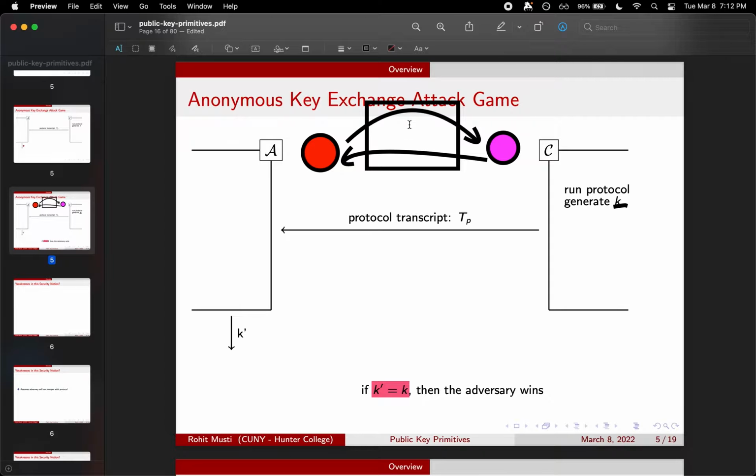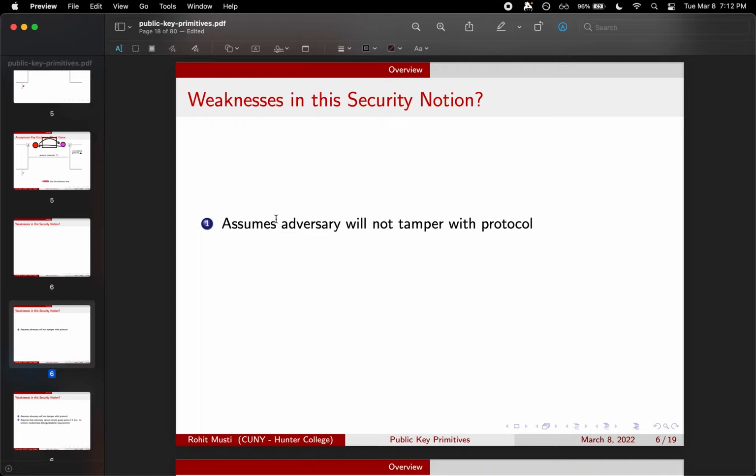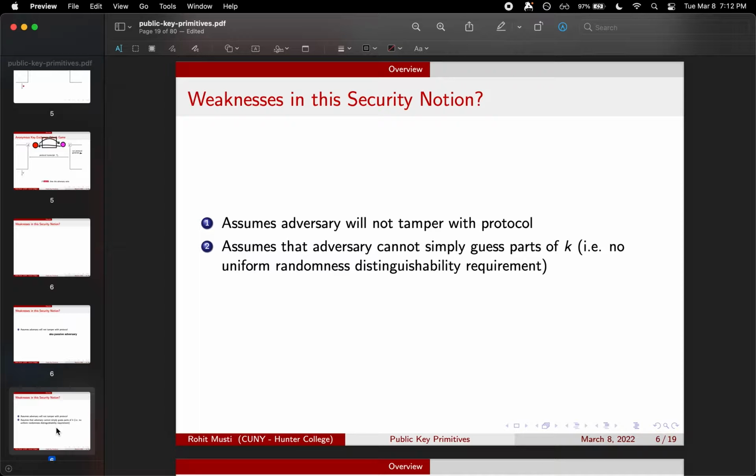We're assuming that this adversary does not try to modify these messages in any meaningful way. So that's one weakness, also known as a passive adversary.